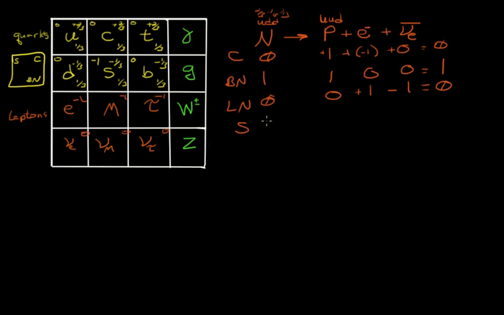And strangeness, no strange quarks in there. No strange quark, no strange quark, no strange quark equals 0. All right, so 0 equals 0, 1 equals 1, 0 equals 0, 0 equals 0. This is a valid nuclear equation.